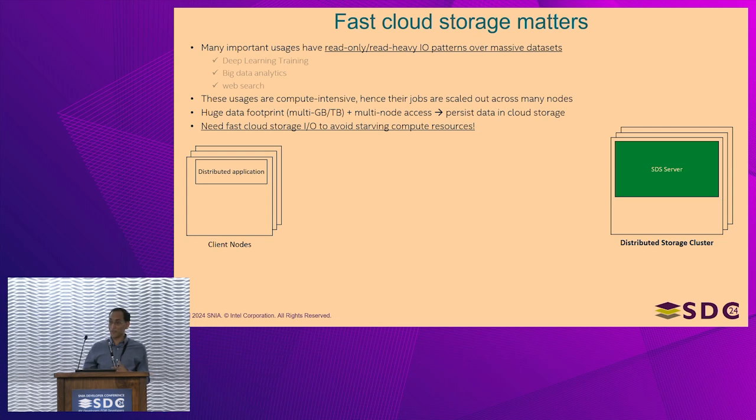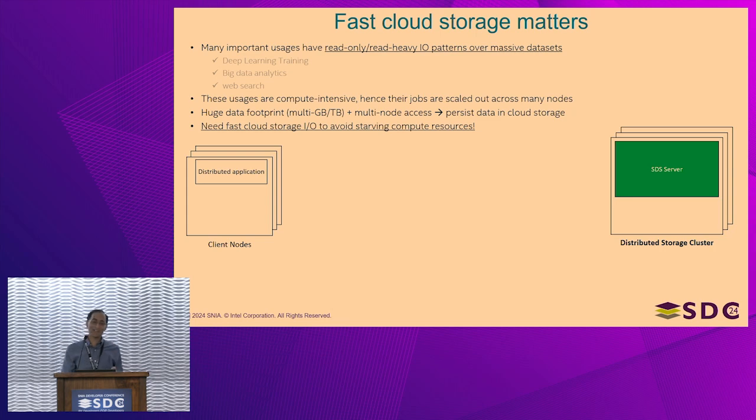These usages are typically compute-intensive, so the jobs are scaled across many nodes. And so what you have is a huge data footprint, many nodes that are trying to access that data, and so you persist the data in cloud storage. And typically, because these usages are compute intensive, you end up renting instances in the cloud, which are expensive if you're renting a GPU instance or some accelerator.